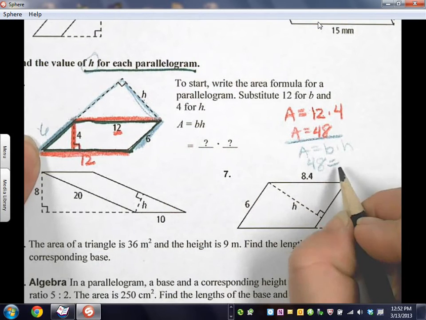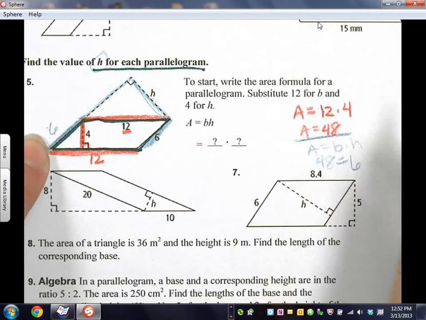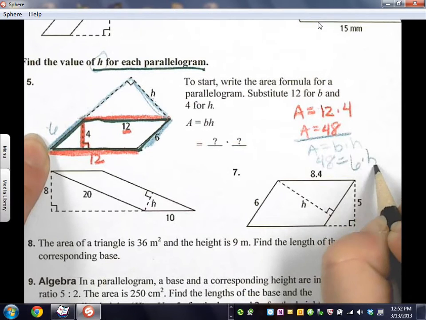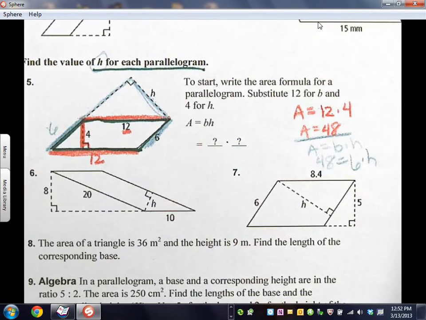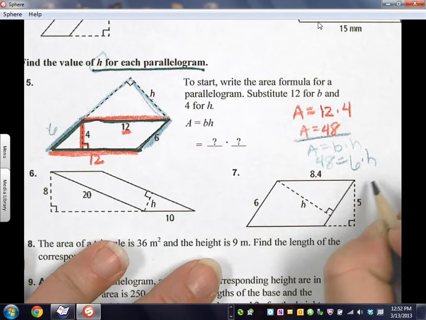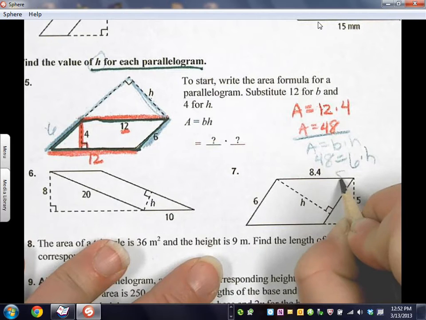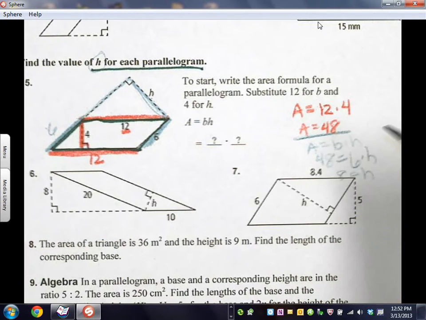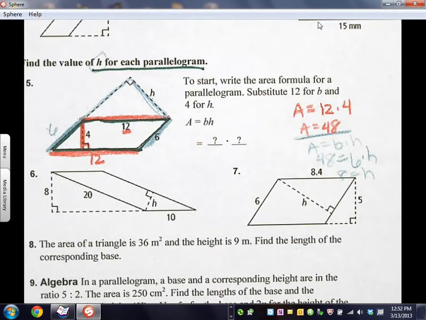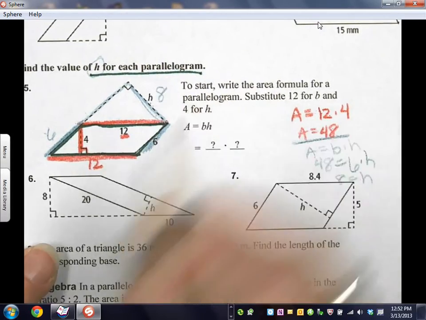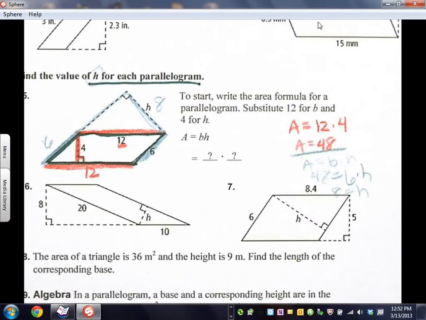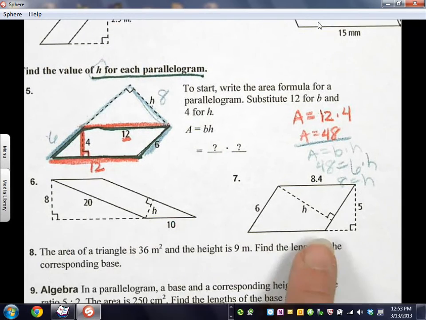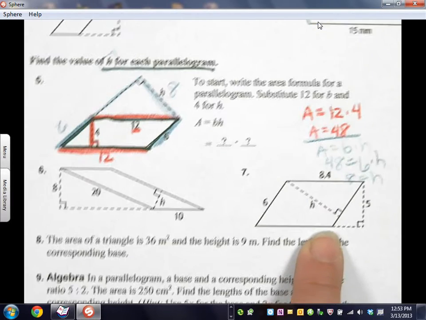My base is 6. What is my height? I don't know. That's what I'm trying to solve for. And then I have a one-step equation. 48 divided by 6 is going to give me 8. I know 8 equals my height. And that's what they want me to find. And we're done. And I imagine 6 and 7 are the same kinds of problems.